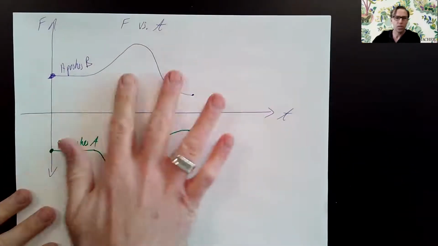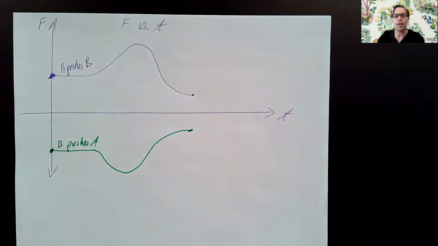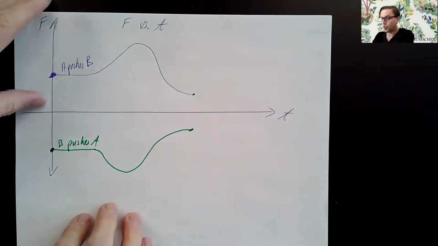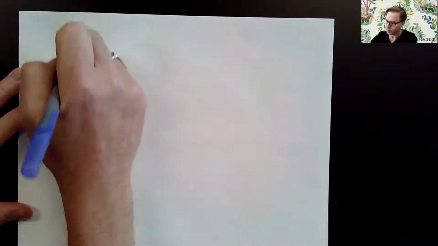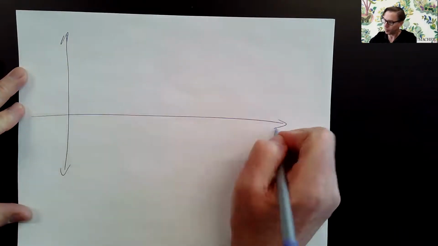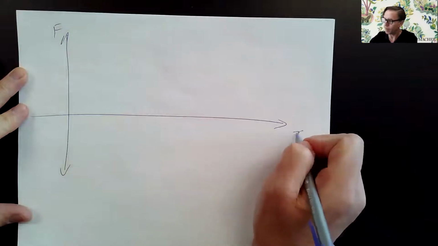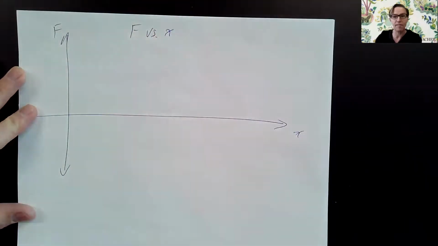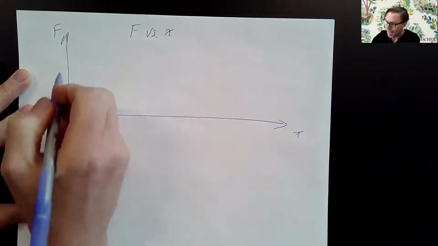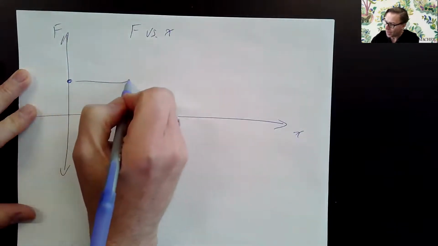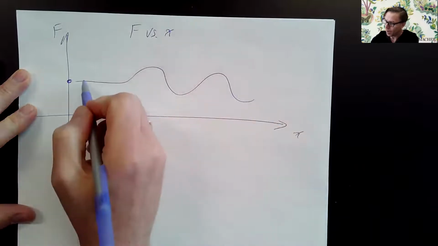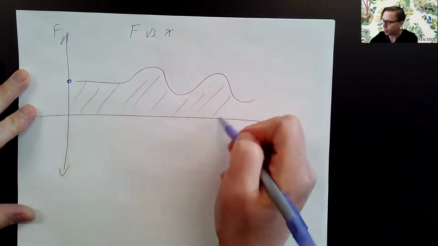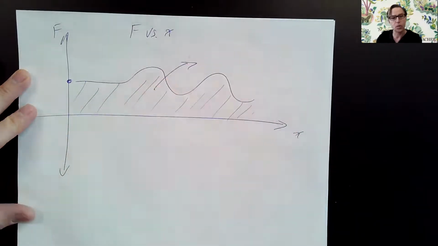First of all, just generally, do you remember this other graph? Force as a function of position, F versus X. Do you remember that graph? And we said that the area under that graph, the area under the curve, was equal to, do you remember it?